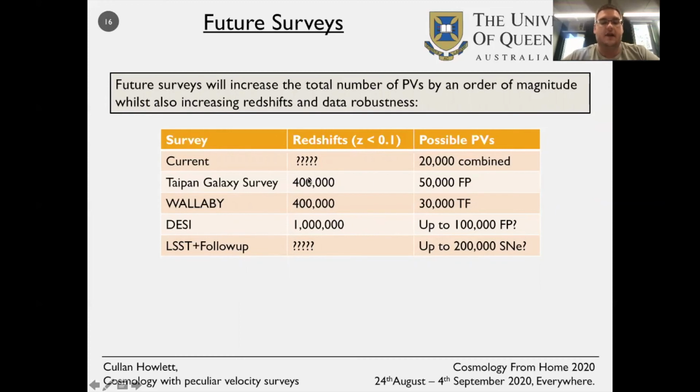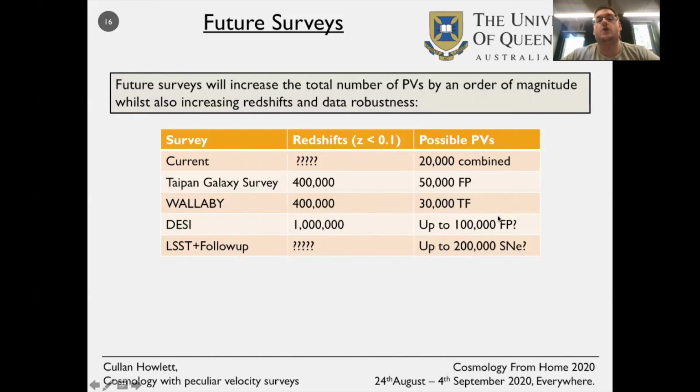But surveys like Taipan and Wallaby are going to measure both a large number of redshifts in the local universe and also basically as many as we currently have combined in a single survey or more. DESI is also going to basically blow all the other redshift surveys at low redshift out of the water. We're going to go to about 1 million redshifts below redshift 0.1.